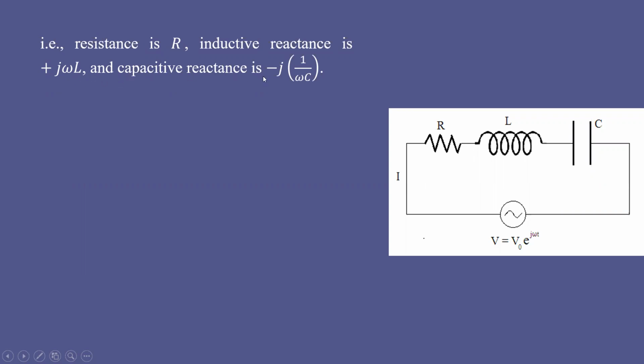Similarly, the capacitive reactance is minus J into 1 by omega C, where capacitive reactance is 1 by omega C. Already you have seen in the previous class. Minus J represents the phase difference of minus pi by 2. So basically, inductor introduces plus pi by 2 phase difference. Capacitor represents the minus pi by 2 phase difference. That is represented in terms of the plus J and minus J operators.